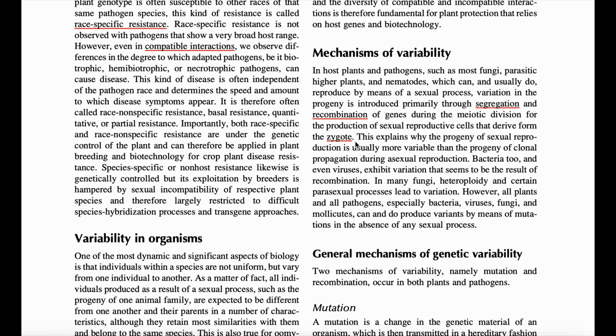I hope we are familiar with sexual reproduction. In genetics, the Mendelian steps, that is segregation and recombination, we have studied. This explains why the progeny of sexual reproduction is usually more variable than the progeny of clonal propagation during asexual reproduction. See, with the name itself, clonal propagation.